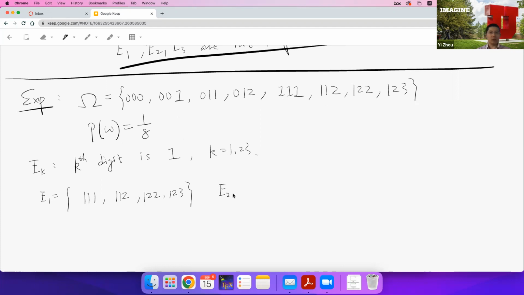For E2, you have these terms that have 1 in the second digit. And for E3, you only have 3 terms.